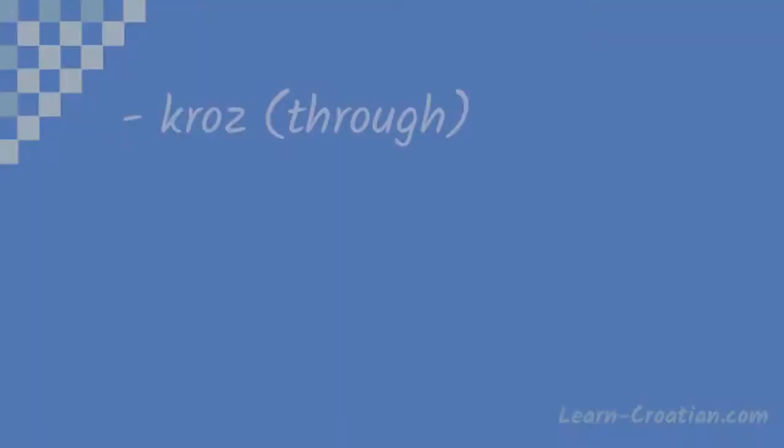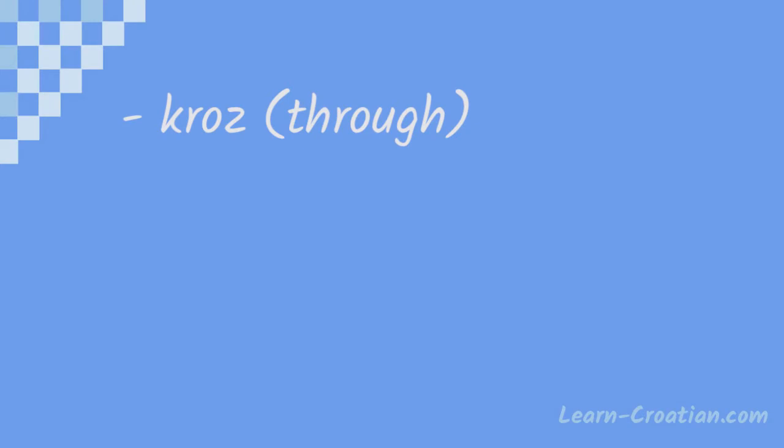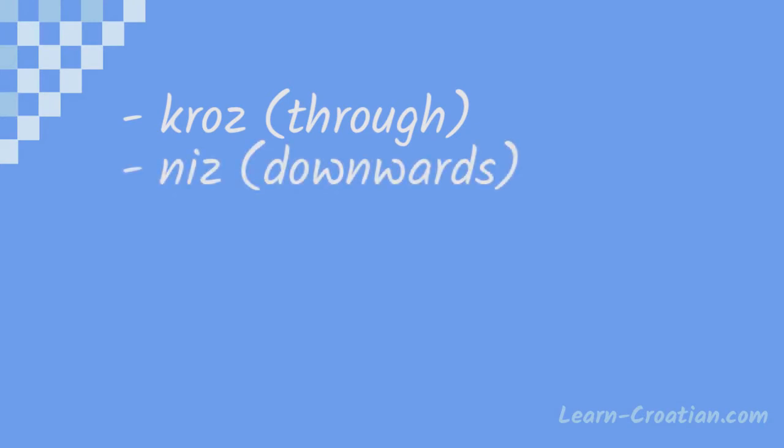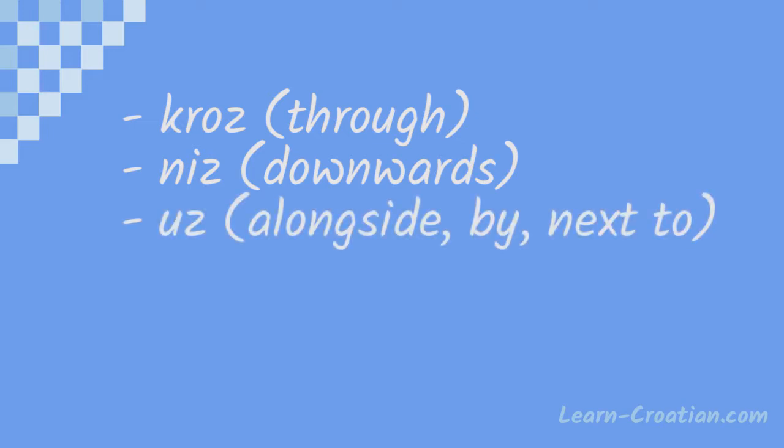These are the prepositions that you would use with the accusative case. Kroz, meaning through. Niz, meaning downwards or along something. Uz, meaning alongside or by or next to. Na, meaning on.